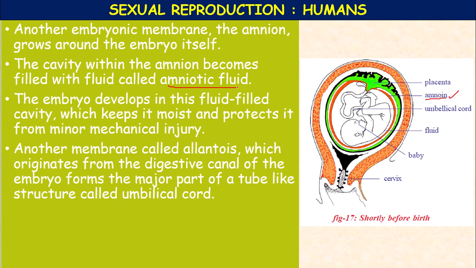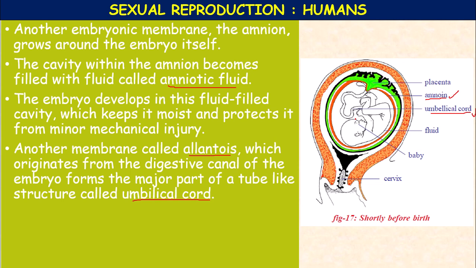Another membrane called allantois originates from the hindgut of the embryo and forms the major part of a tube-like structure that is called the umbilical cord. Okay, this is the umbilical cord. The placenta will be detached naturally.